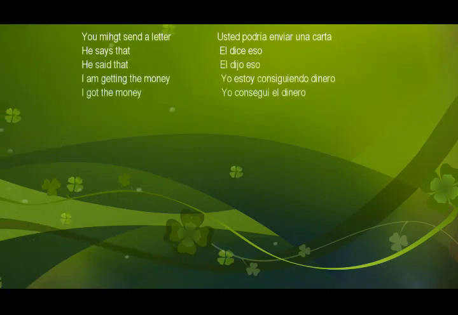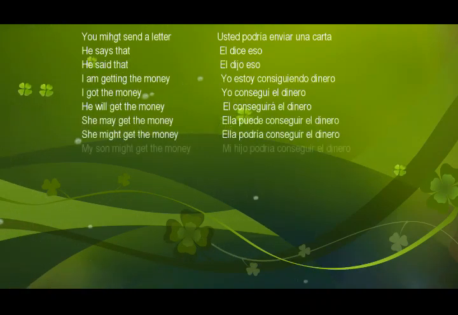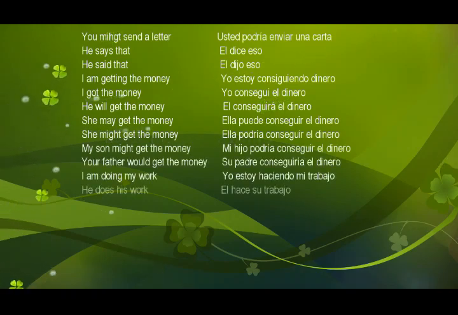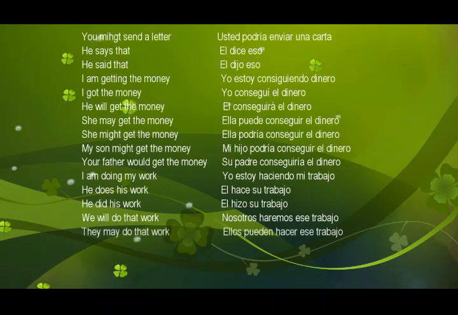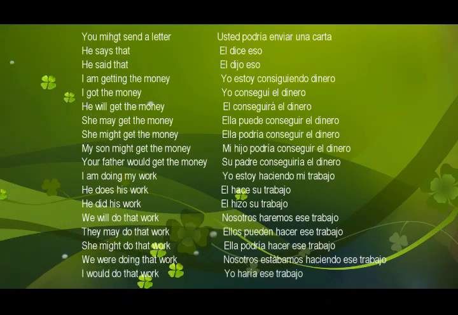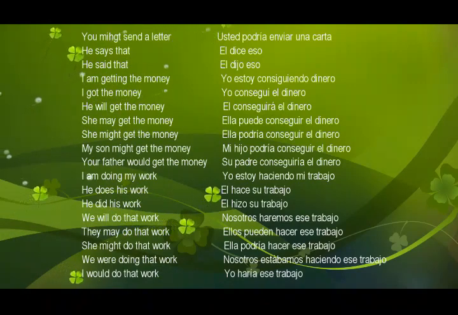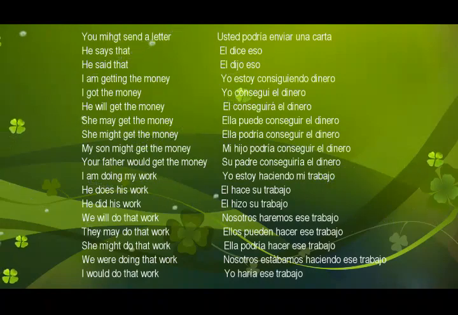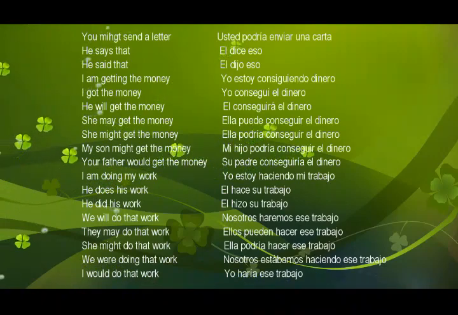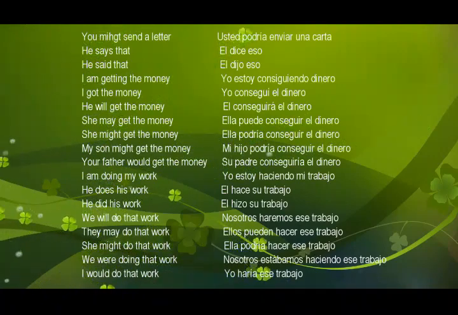He says that. He said that. I am getting the money. I got the money. He will get the money. She may get the money. She might get the money. My son might get the money. Your father would get the money. I am doing my work. He does his work. He did his work. We will do that work. They may do that work. She might do that work. We were doing that work. I would do that work.